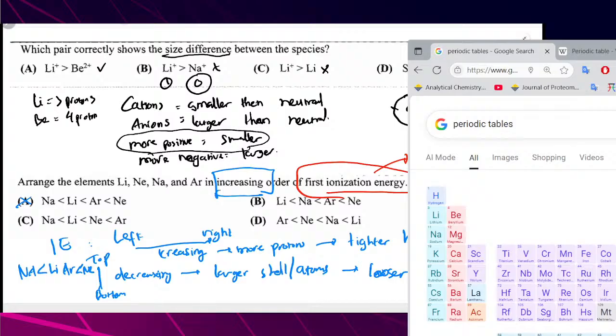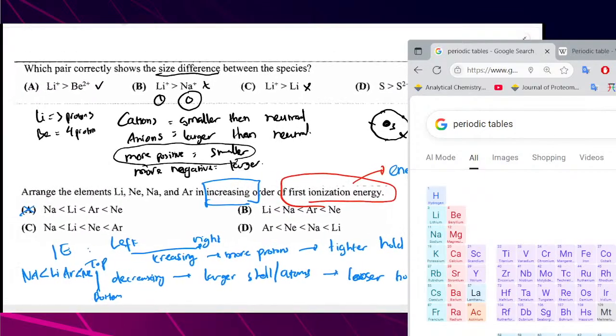Just a recap for both questions: cations shrink, and anions swell due to repulsion.